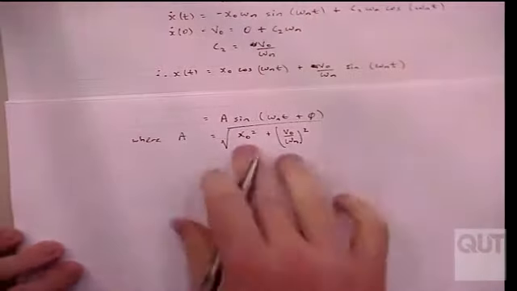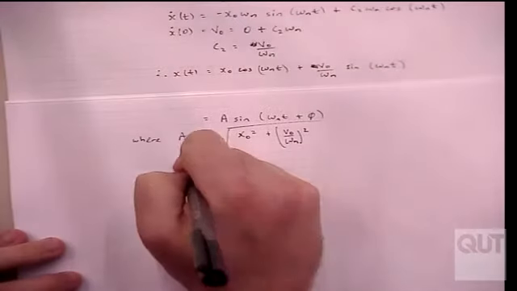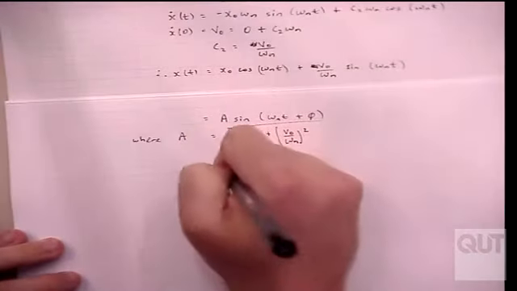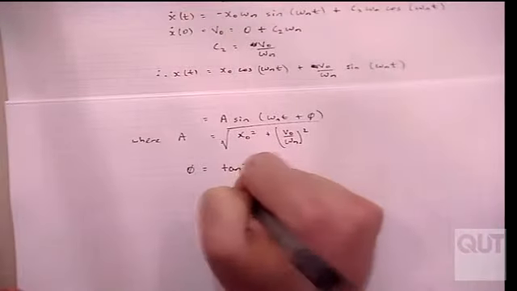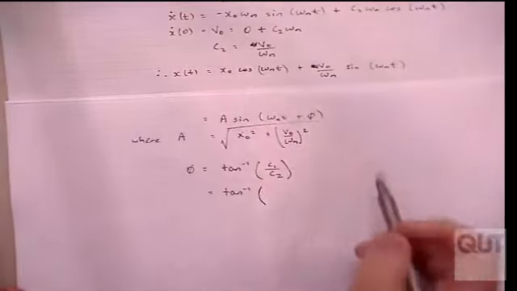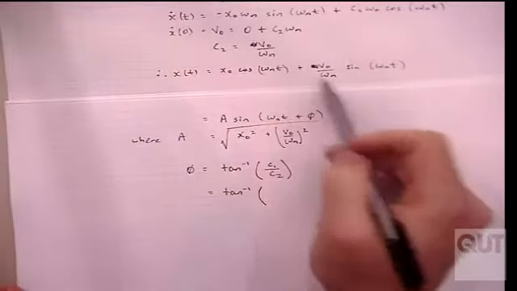So this is what our amplitude looks like, the square root of x naught squared plus v naught on omega n all squared. And then our phase shift is the arctan of C1 on C2, where C1 is x naught and C2 is this v naught on omega n.